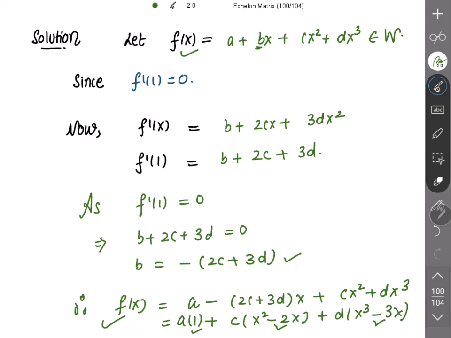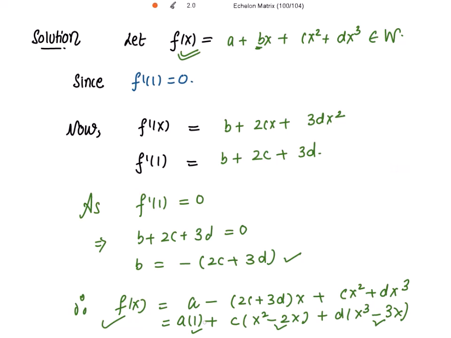Because f(x) is a linear combination of these three polynomials and f(x) is arbitrary, we can take any f(x) belonging to W. Therefore every polynomial of W is a linear combination of these three polynomials, 1, x square minus 2x, and x cube minus 3x.